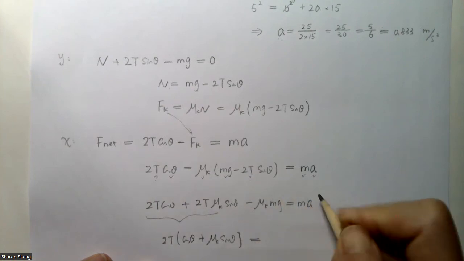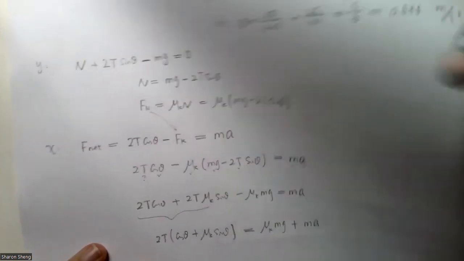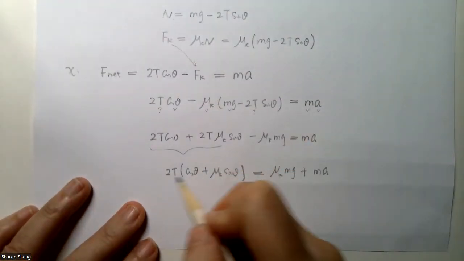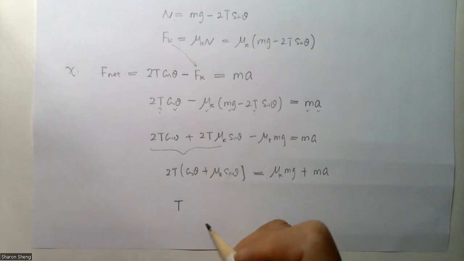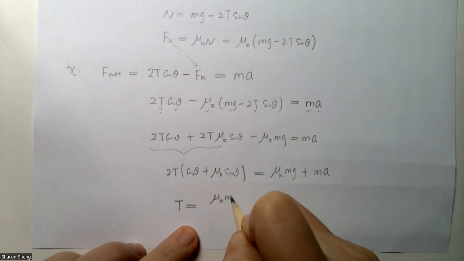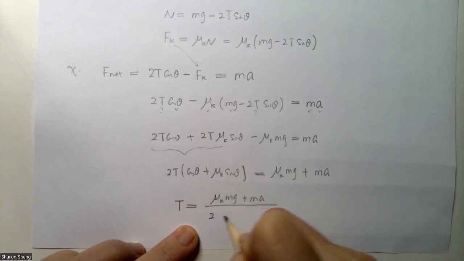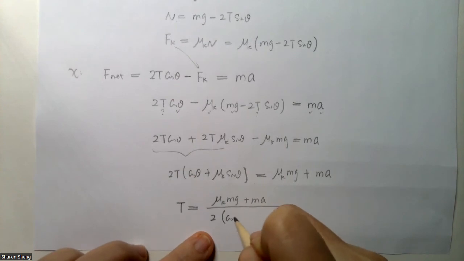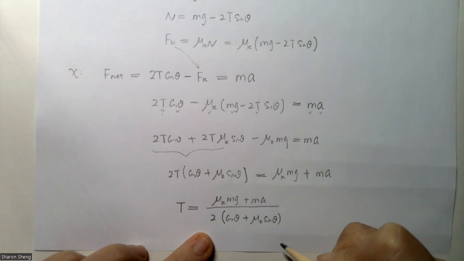I move this term to the right, equals mu k mg plus ma. Then divide by 2 and the parentheses. So solve for T. T equals (mu sub k mg plus ma) over 2 times (cosine theta plus mu k times sine theta).